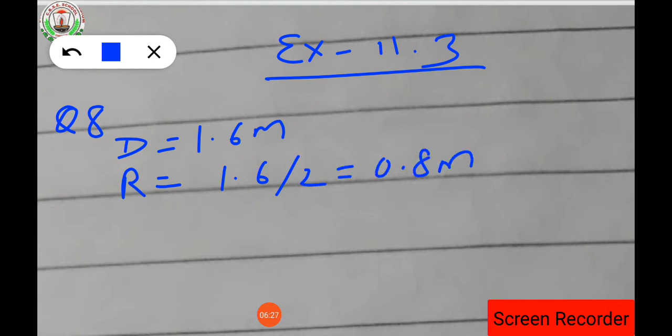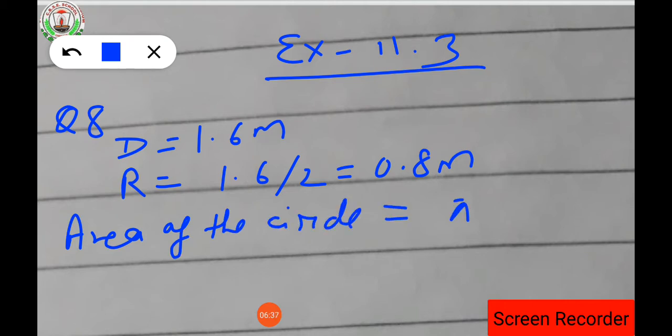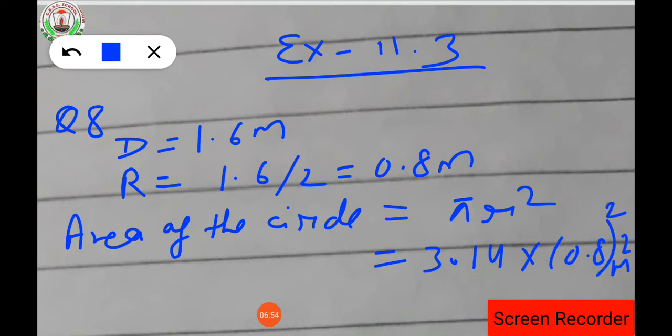Clear? Then since it is asked to find the area of the circle, the area of the circle equals, what is the formula? Pi r square, isn't it? So the pi value we have to take as 3.14, as it is asked. Then the r value we take as 0.8 meter, squared.